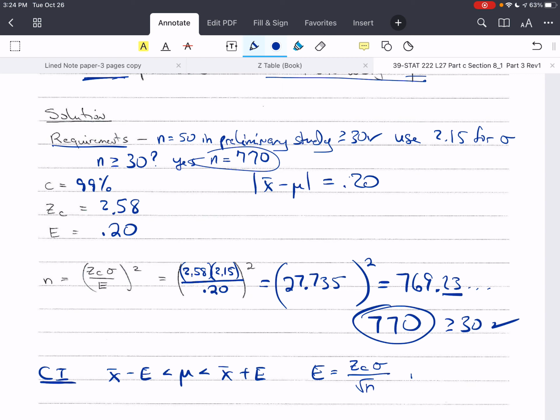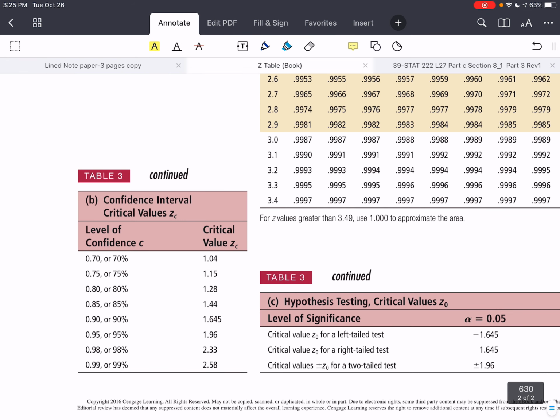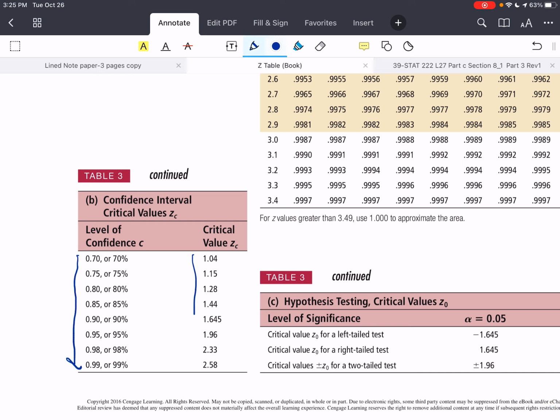And so if c is bigger, z sub c is bigger. Let's see that in our table. So here's c. As c gets bigger, z sub c gets bigger. Likewise, as c gets smaller, z sub c gets smaller. Okay?